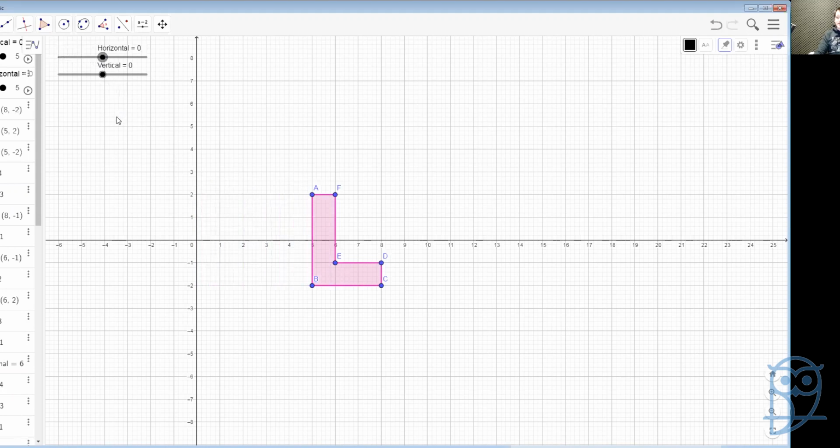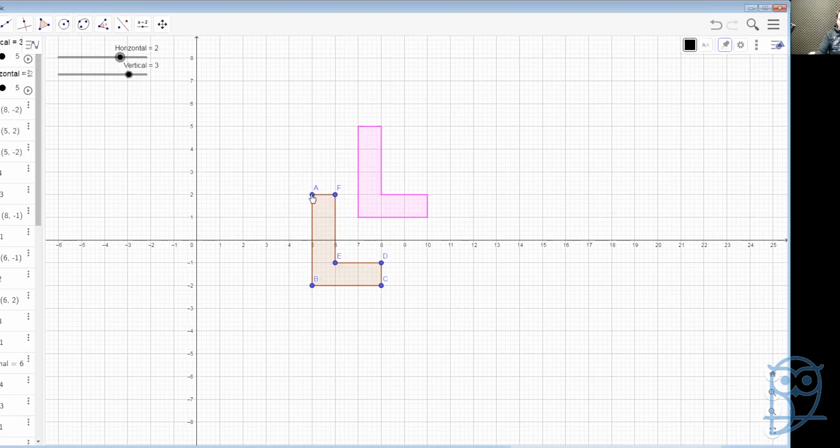Now it's important to remember as well that we could also have more than one translation at the same time. So we might be able to move the shape, say 3 units upwards and maybe 2 units to the right. And that's what my shape would look like.